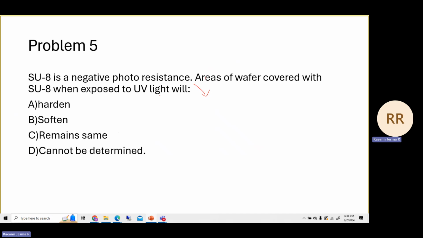And we also know that there are two types of photoresist, negative and positive, which exhibit different behavior when exposed to UV light. Okay, so which one is the correct answer in this case? And here it is mentioned that SU8 is a negative photoresist.